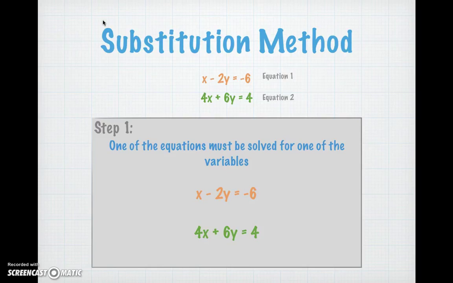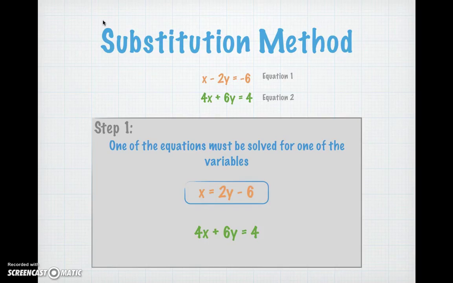So looking at our two new equations, we have x minus 2y equals negative 6, and 4x plus 6y equals 4. Looking at them, I see that x minus 2y equals negative 6 would be very easy to change to equal x. So if I add 2y to both sides, I get x equals 2y minus 6.